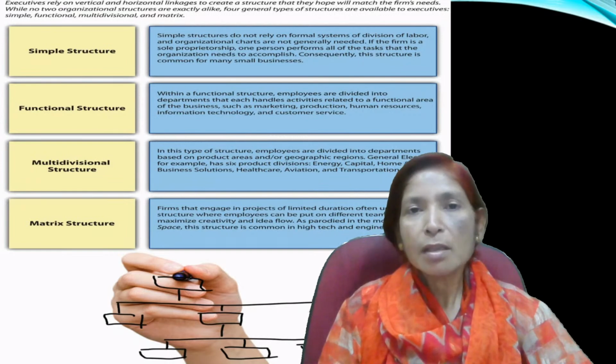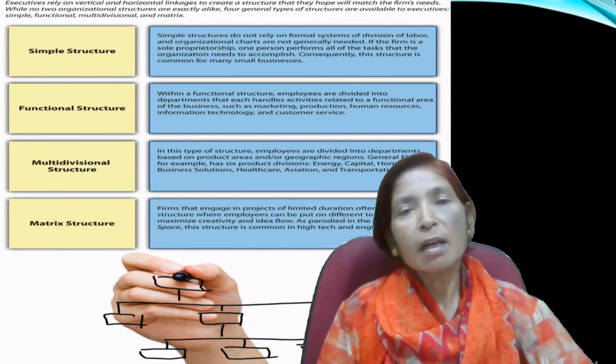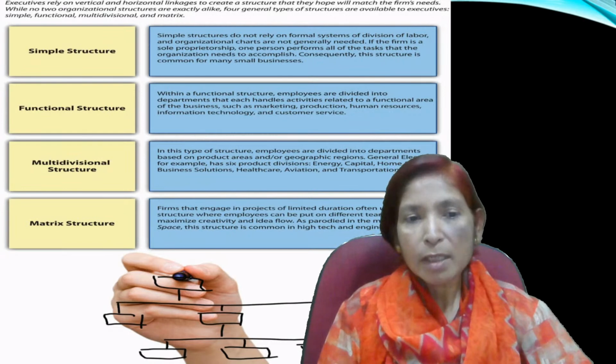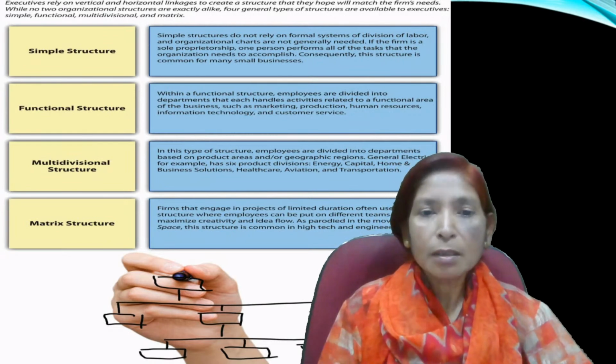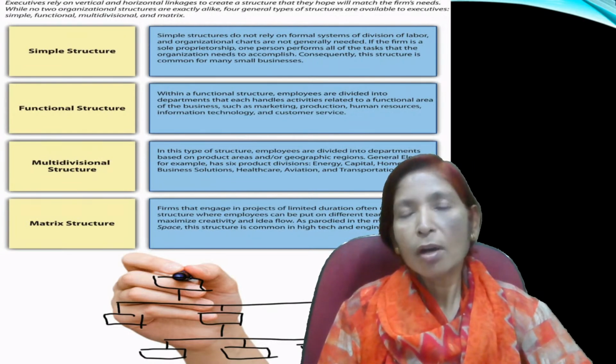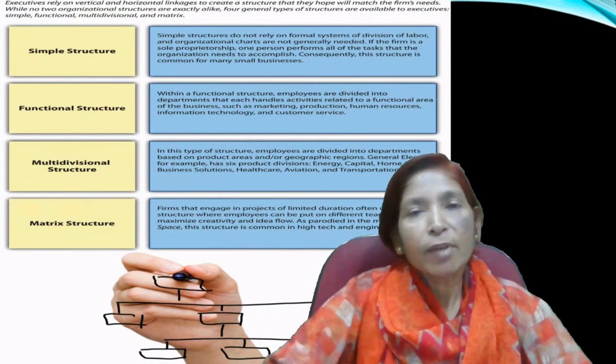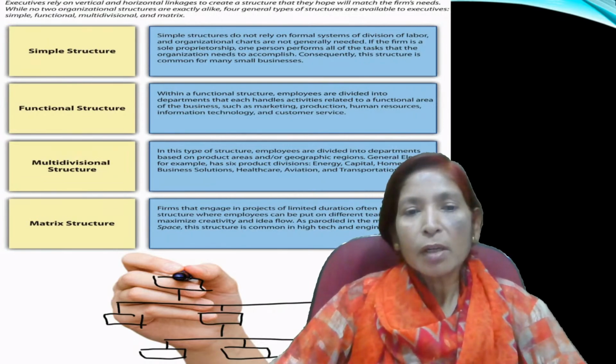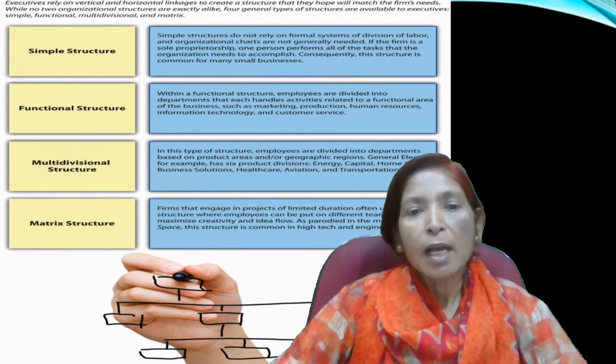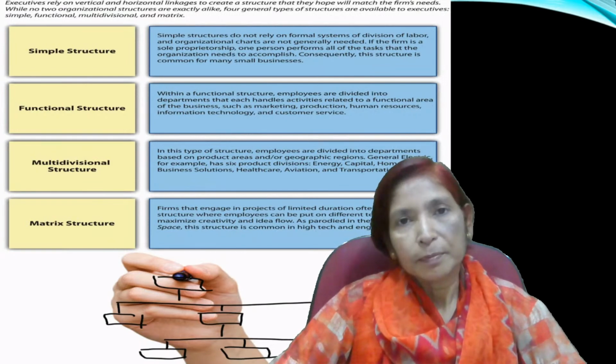Third is multi-divisional structure. In this type of structure, employees are divided into departments based on product areas and geographic regions. General Electric, for example, has six product divisions.